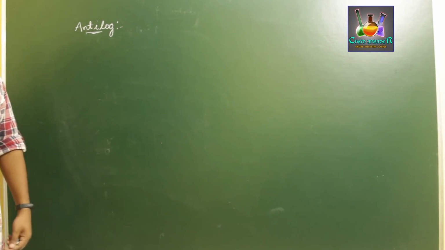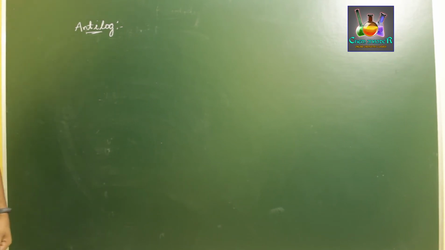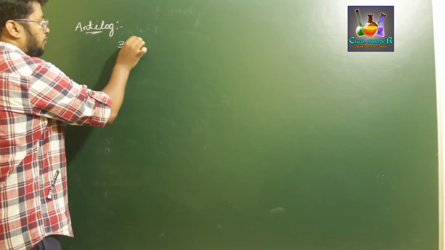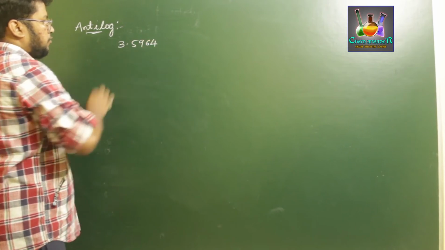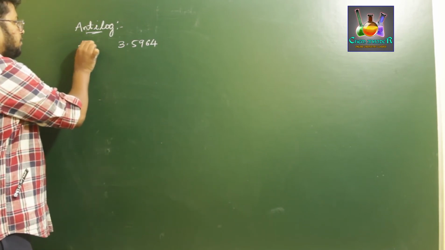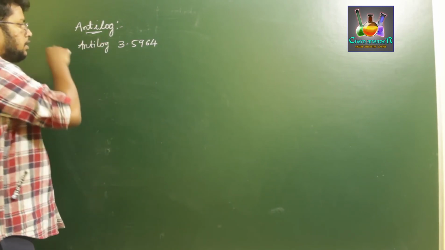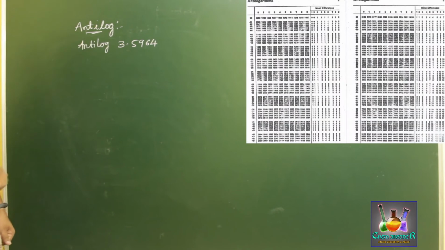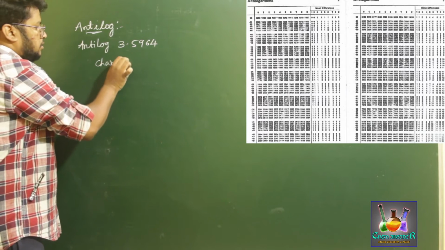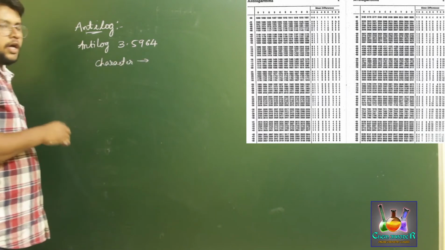If you have to find the anti-logarithm of a certain value, let us say 3.5964. That is, if you are given the question, find the anti-log of 3.5964. First, we need to derive the characteristic to get the actual answer.